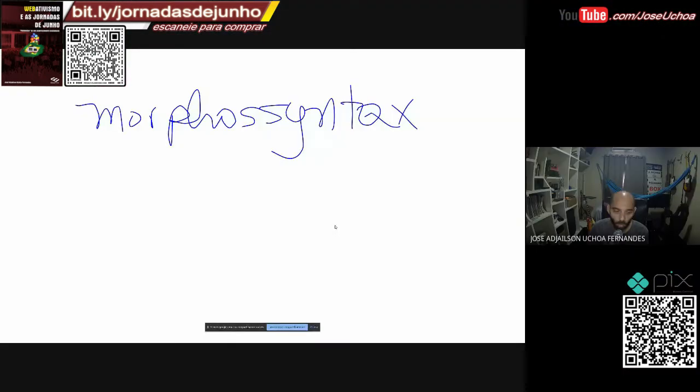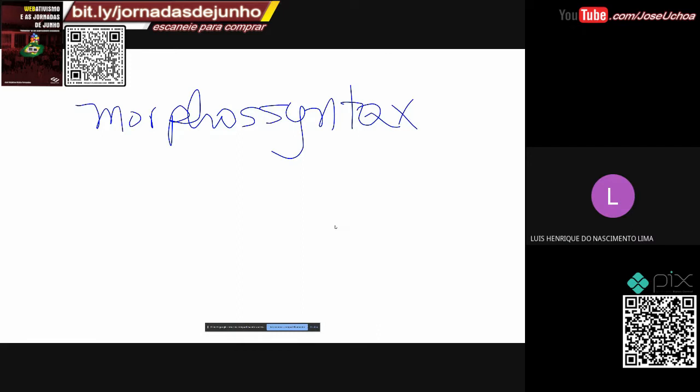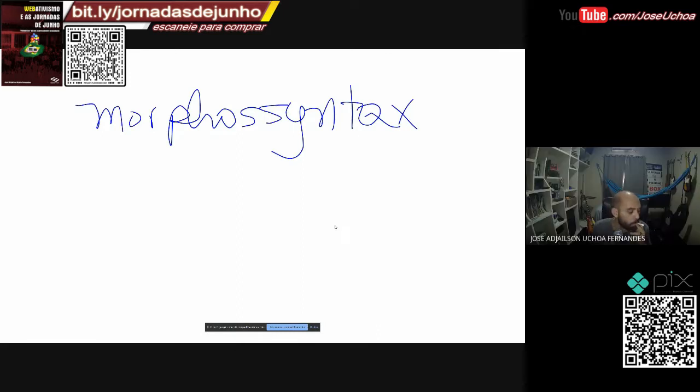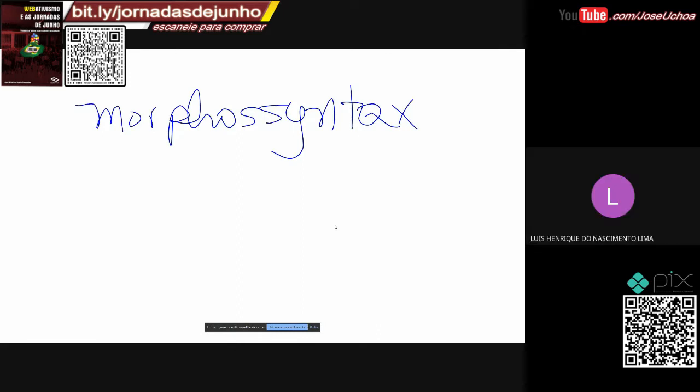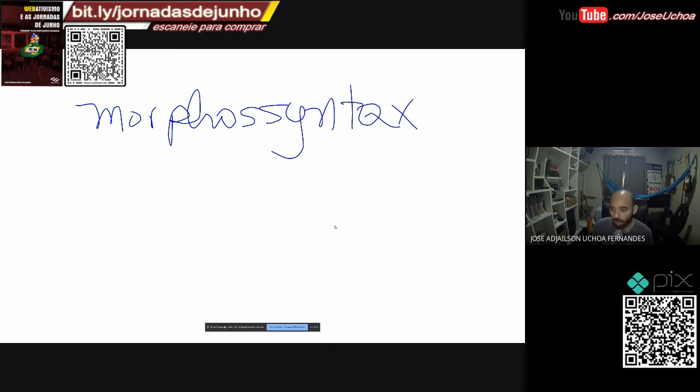Do you see it now? Yes. It's like a whiteboard. Good. Sometimes it plays tricks on me. I'd like to project on the window, but Windows does not recognize it as a window. I don't know why.